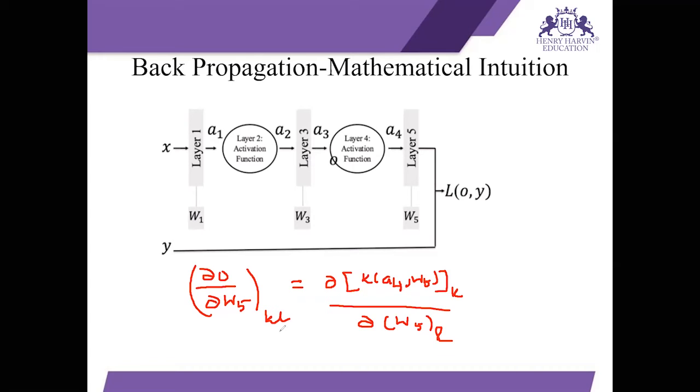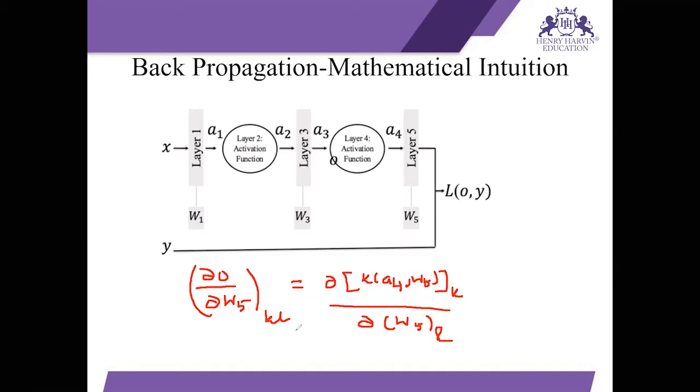The element KL of the Jacobian indicates how much the kth component of the output changes when we change the Lth component of the weight vector, meaning how much the kth component of the output vector will wiggle if we change the Lth component of the weight vector. So we want the rate of change of the kth component of the output with respect to the Lth component of the weight vector. We have now successfully computed the Jacobian.